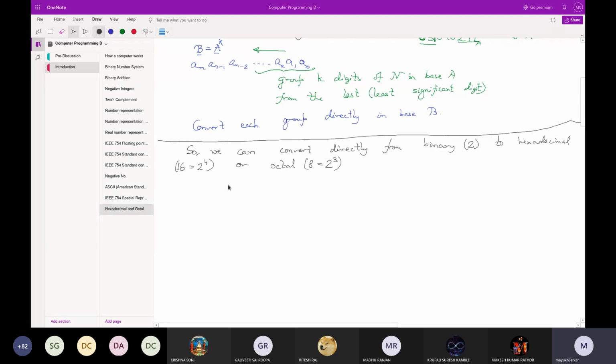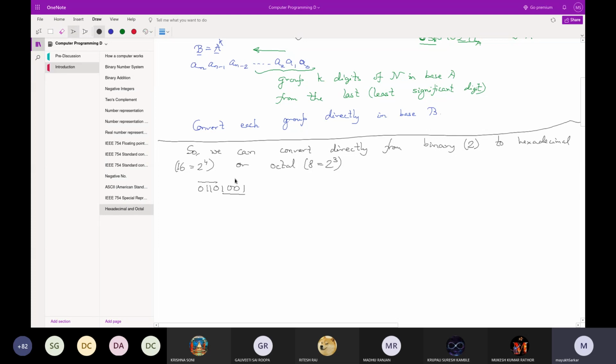Okay, let me take a random binary number, say 10110100 1. I think I have taken 9 digits, so let me remove this first digit. As 16 is a power of 2 and the value of k here is 4, I am going to take groups of 4.